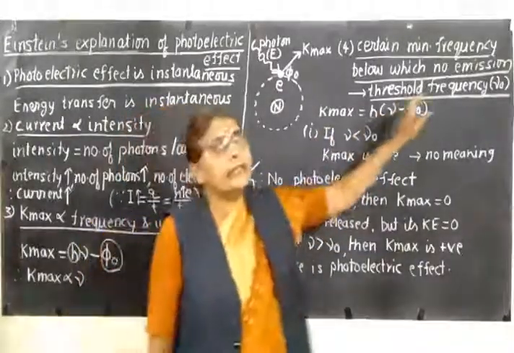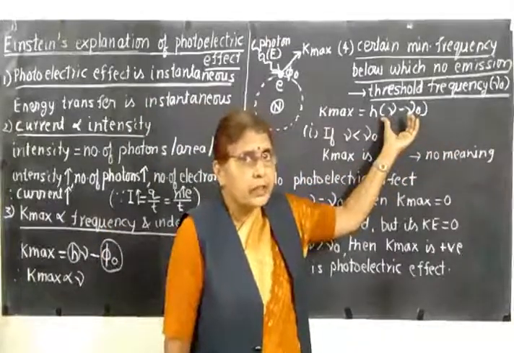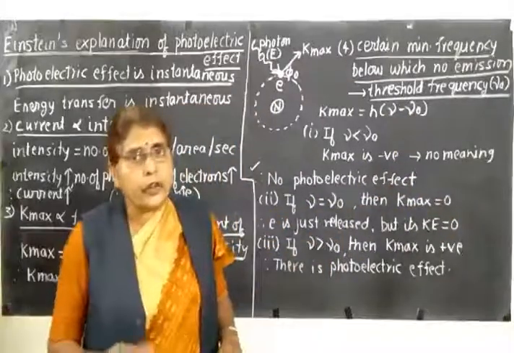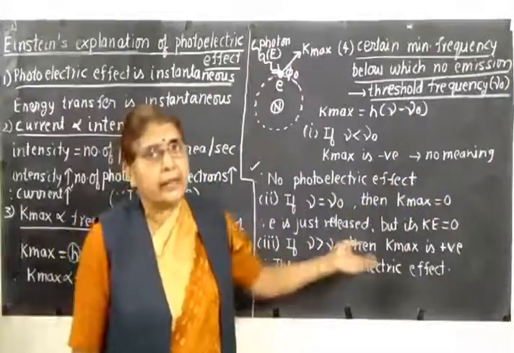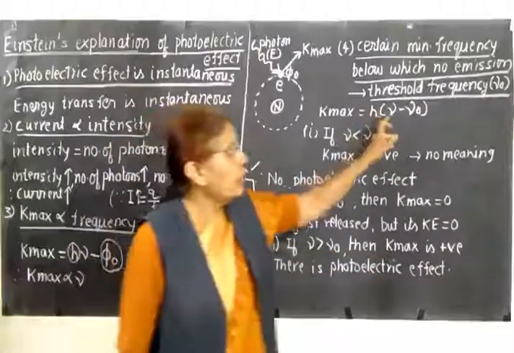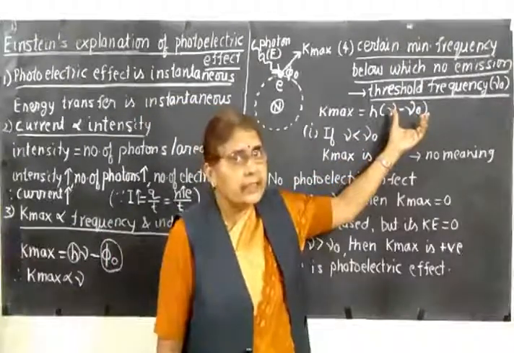Second case, nu is equal to nu 0. Then this difference will be equal to 0. Therefore, Kmax is equal to 0. The meaning is the electron is just released, but its kinetic energy is 0. It does not move. Third case is nu is greater than nu 0. If nu is greater than nu 0, the difference is positive.